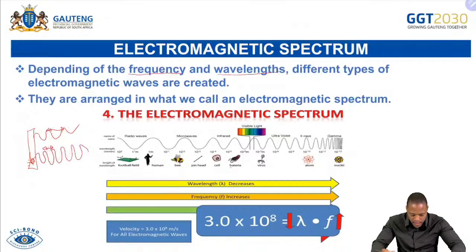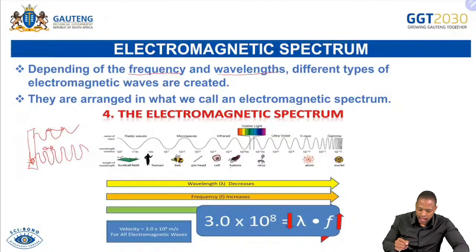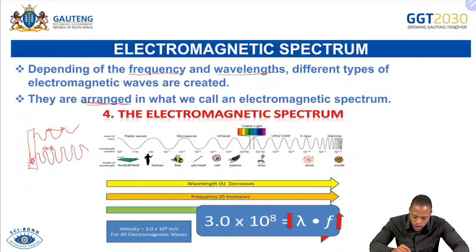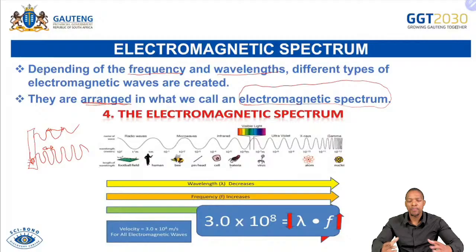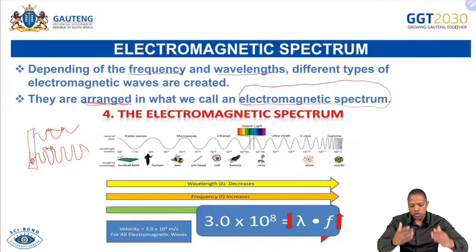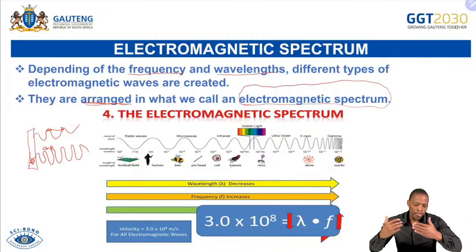So we have different types of electromagnetic waves, okay? And these electromagnetic waves are arranged in what we call an electromagnetic spectrum. An electromagnetic spectrum is an arrangement of different types of electromagnetic waves that are different because of their differences in frequency and wavelength.